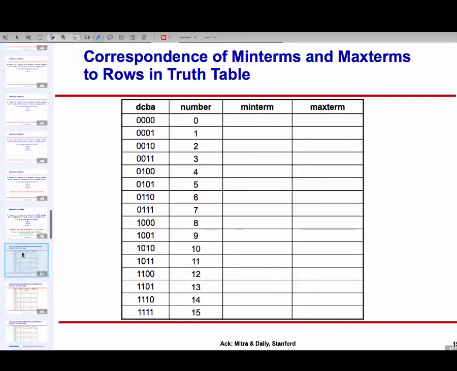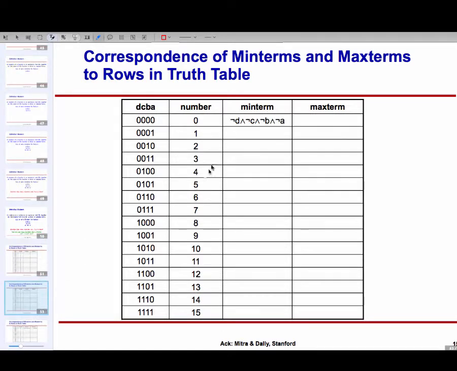Now, what I'm stating next is a little bit of convention also, but I can map these inputs to corresponding minterms. So when inputs are 0, 0, 0, 0, that corresponds to the minterm. Remember, minterm is ANDing. That corresponds to the minterm where A, B, C, D are all complemented.